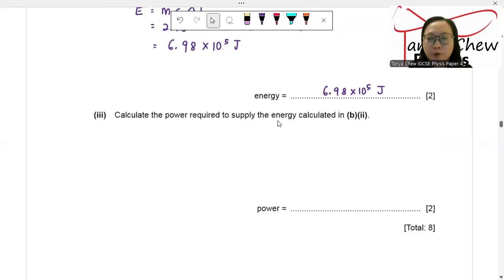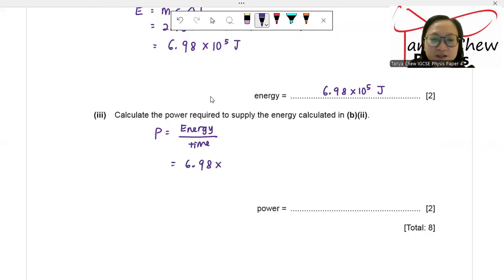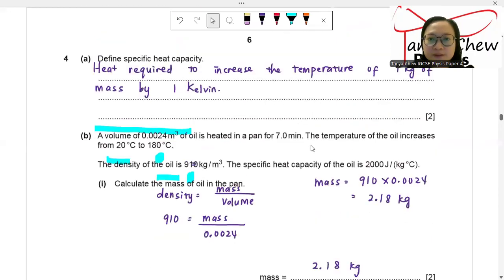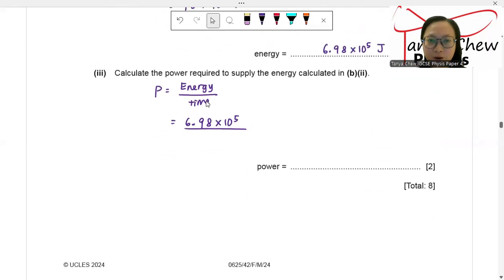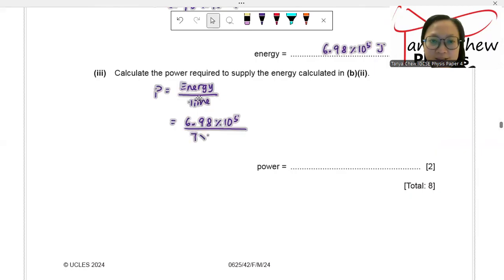Now, calculate the power required to supply the energy calculated in B part 2. Power is defined as energy per time. Remember, energy is the one that I just calculated, 6.98 times 10 to the power of 5. And the time, this is 7 minutes. Remember, change your minute to second. 7 times 60, right?